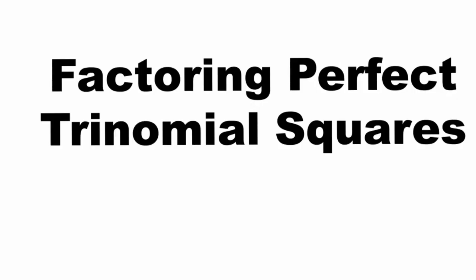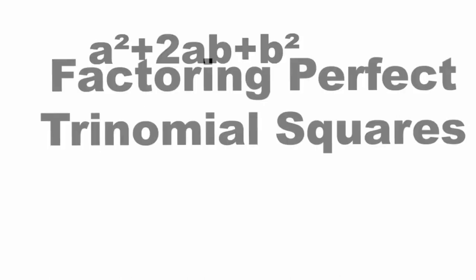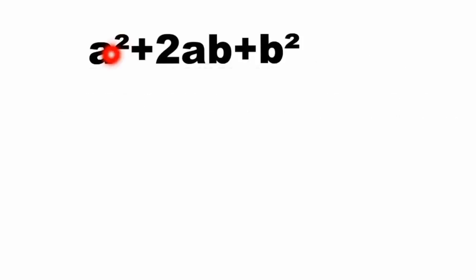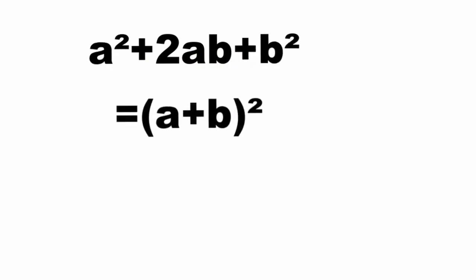Our topic for today is factoring perfect trinomial squares. A perfect trinomial square is in the form a squared plus 2ab plus b squared, and the factor for this is the quantity a plus b, squared.